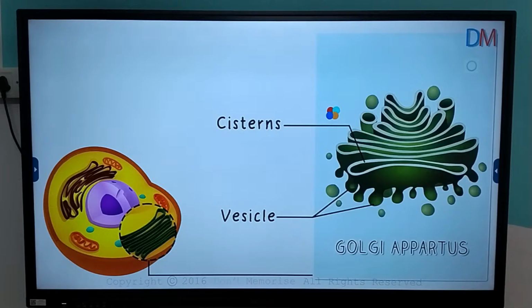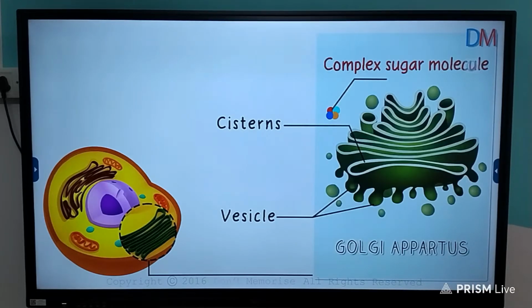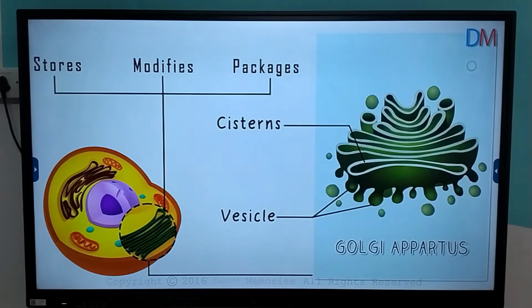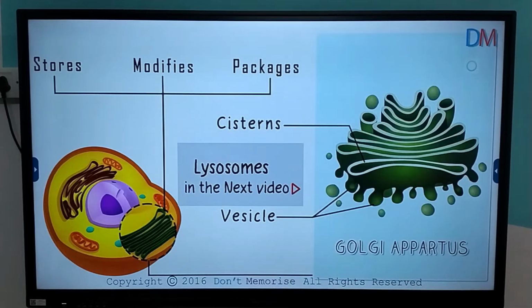A simple sugar will get modified to be a complex sugar, and this sugar molecule is packaged and sent to the desired destination. The Golgi apparatus thus stores, modifies, and packages substances sent through the endoplasmic reticulum. They also form lysosomes. What are lysosomes? We will study those in our next video.